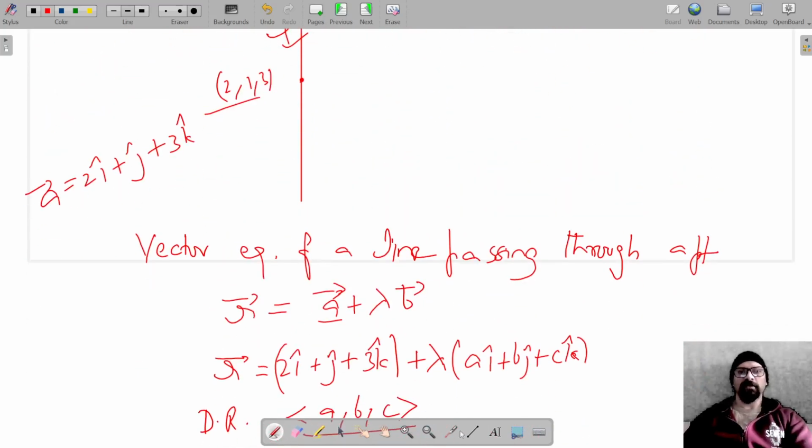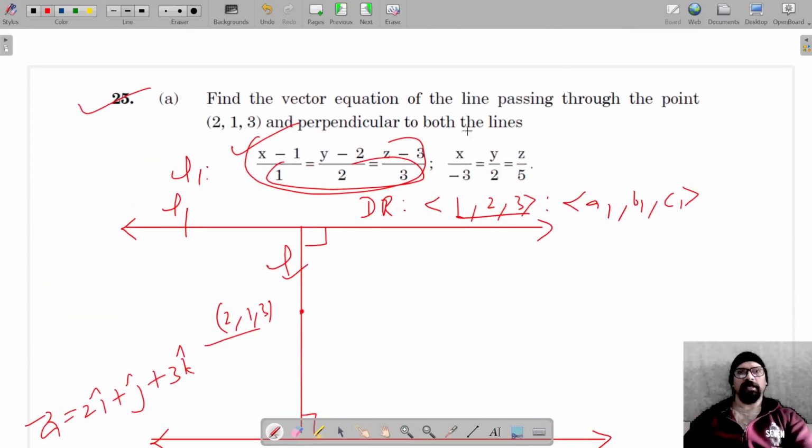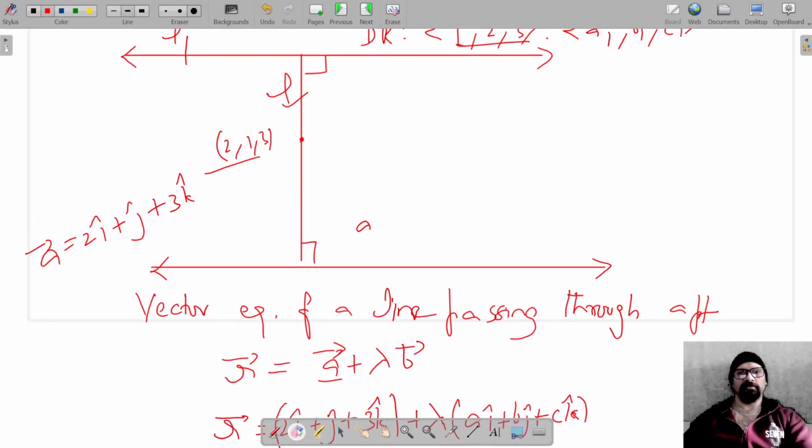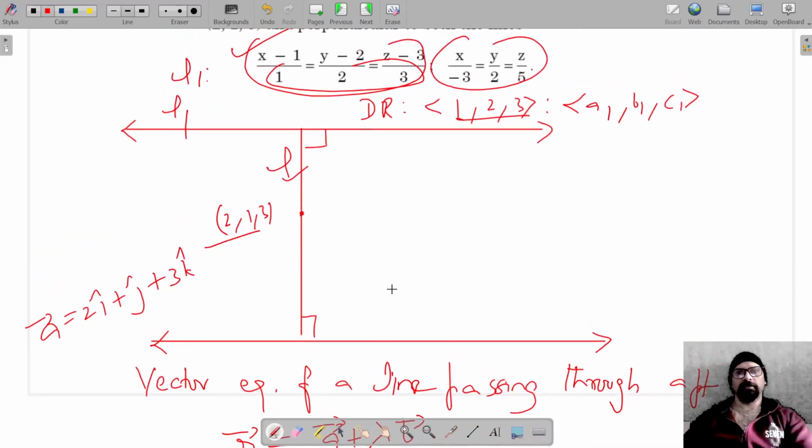Similarly, this line is perpendicular to another line, and the equation of that line is this. The direction ratios of this line are negative 3, 2, and 5.